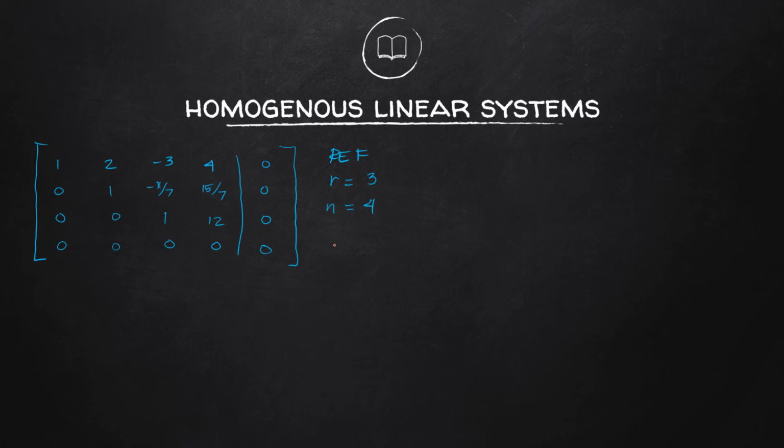So in this case, r is less than n. And if r is less than n, then this is an example of a non-trivial solution. When we say non-trivial, the values of the variables can be non-zero. Because if it is a trivial solution, then the values of the variables should all be equal to 0.